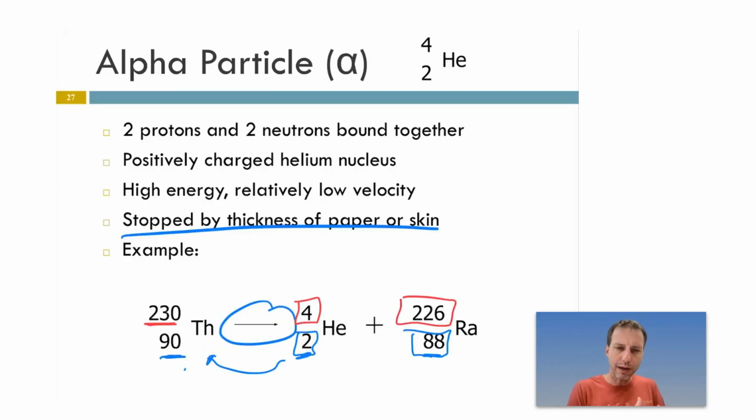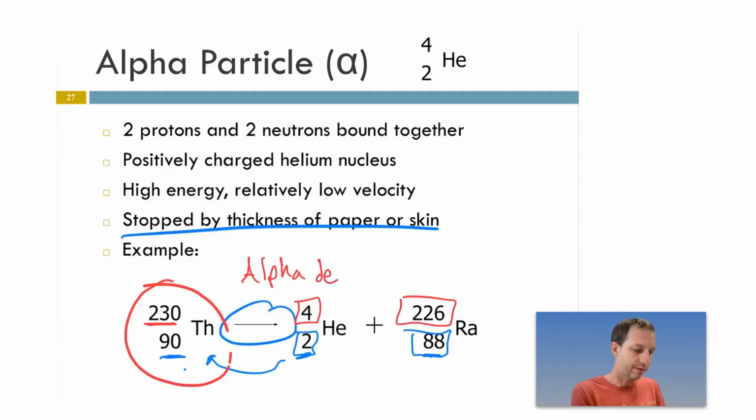And so how might we understand conceptually what's happening here? Well, this thorium is undergoing alpha decay, which you can see the alpha particle right there, to produce this daughter nuclide, which is radium 226.